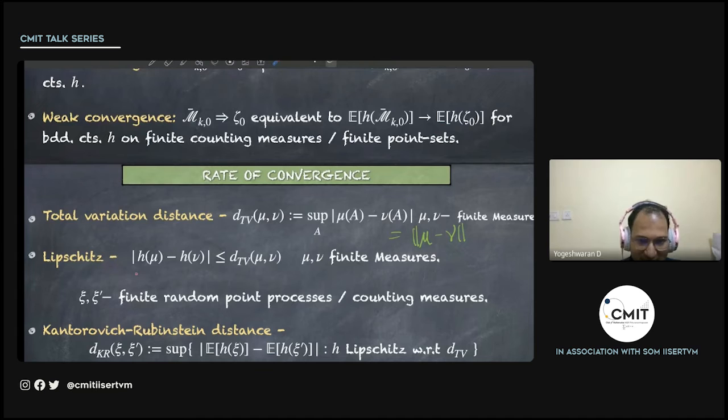When I say a function is Lipschitz, I mean it's Lipschitz with respect to the total variation distance. That is, for two finite measures, h of mu minus h of nu should be less than the total variation distance. I call it Lipschitz. We are just putting this as the metric. Think of this as the metric.